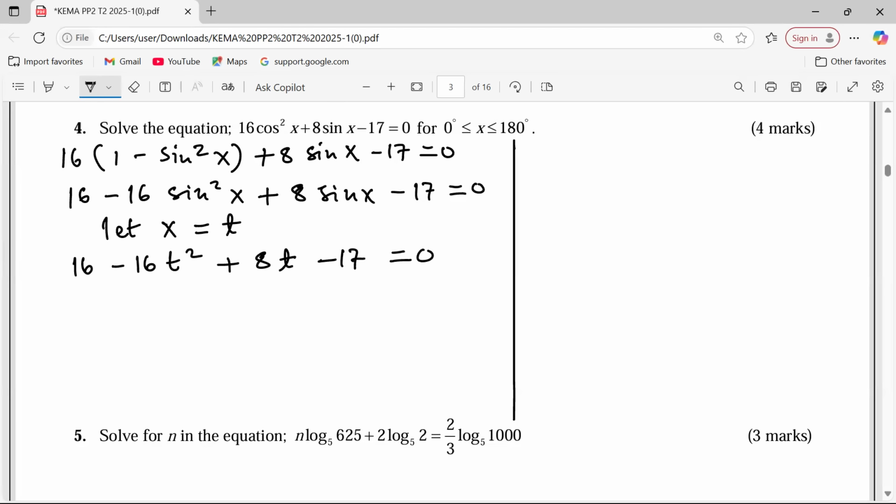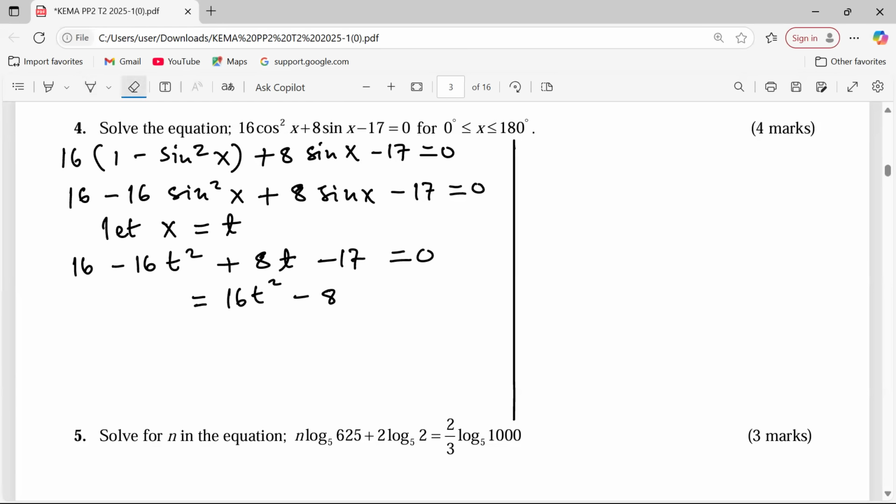0. Let me now group some terms. I can take all the terms to my right, so that I begin with 16t squared minus 8t, small letter t.